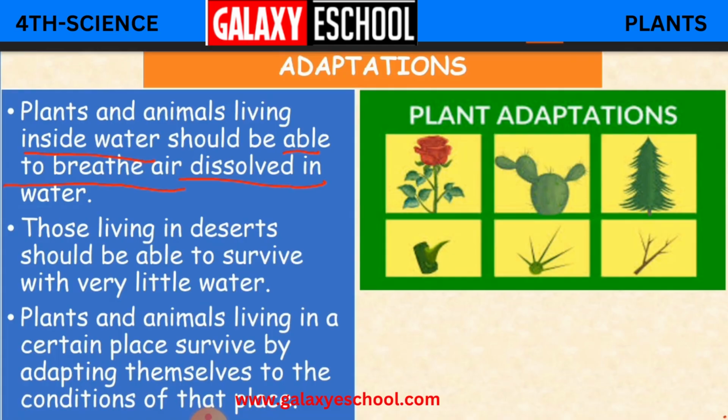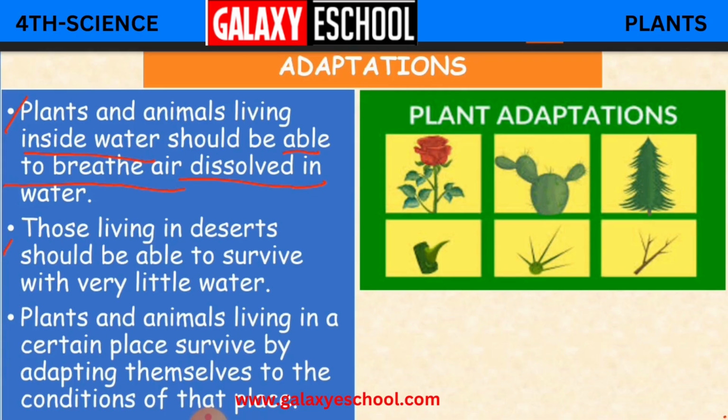And the second point here is those living in deserts should be able to survive with very little water. When we say plants are able to grow in water in the first point, they are able to live according to its condition.